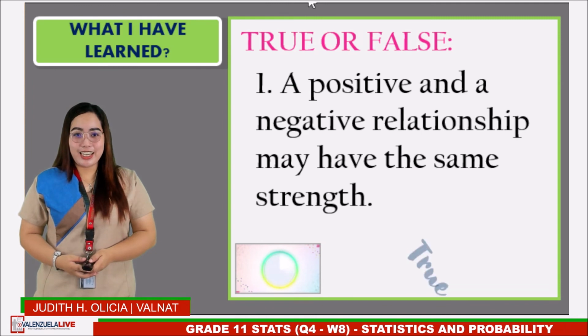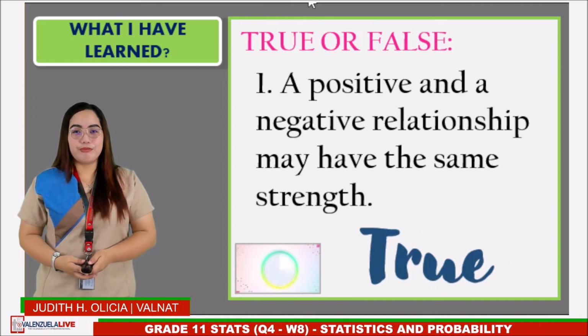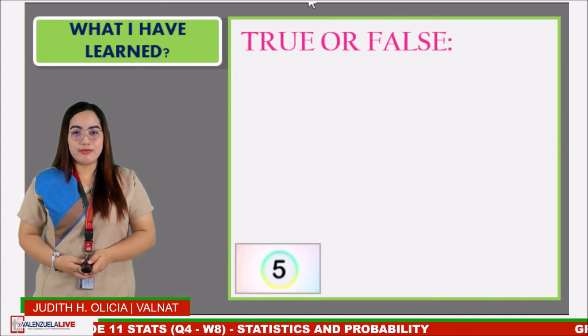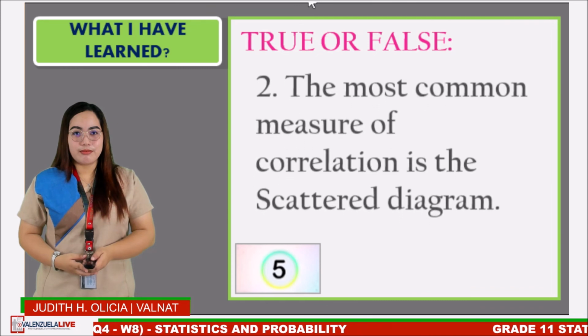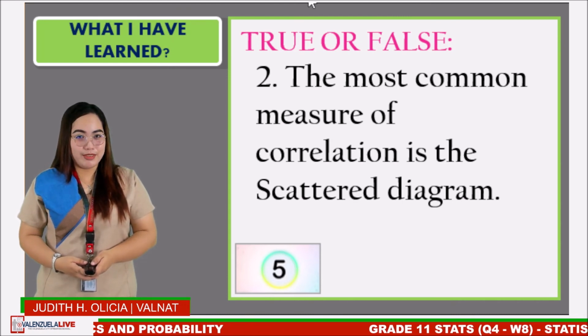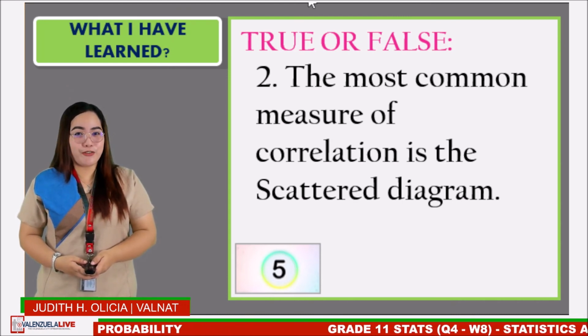Yes, it is true. For number 2, the most common measure of correlation is the scattered diagram. Is it true or false?